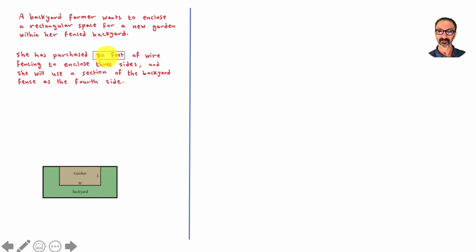She's going to use 80 feet of wire fencing to enclose 3 sides. That's this, this, and this. And she will use a section of the backyard fence as the 4th side. So this one is already covered.